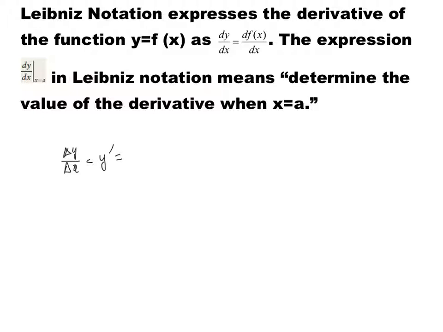We are going to define a new symbol, which is dy over dx. So it's just a new way of representing the derivative. And if we want to evaluate the derivative at a point, let's say x equal to 0, we are going to write it as dy over dx, and then a vertical line, then x equal to 0.